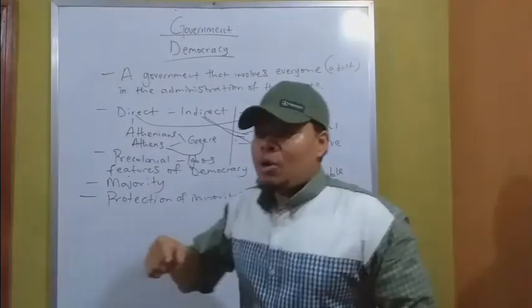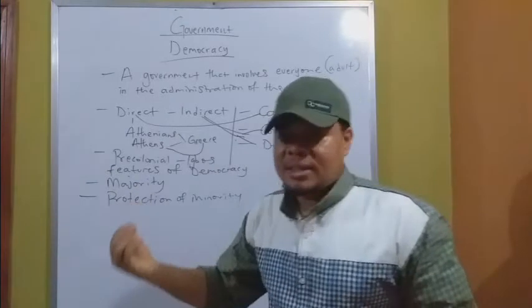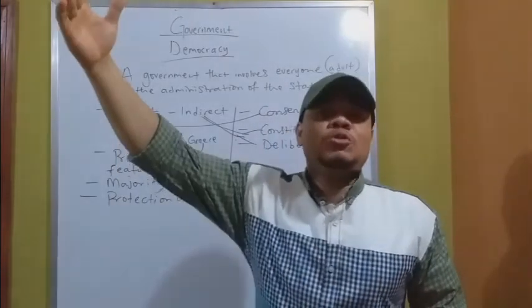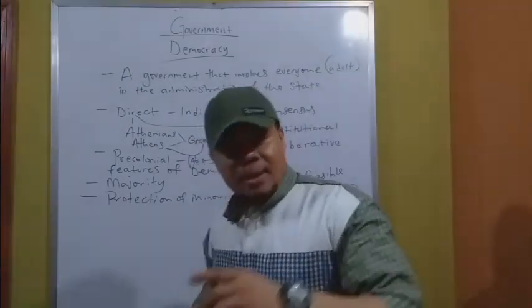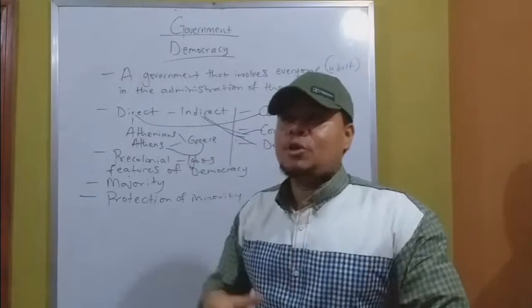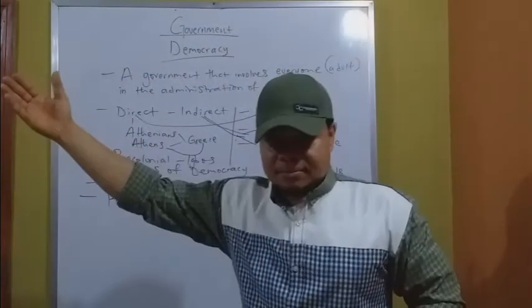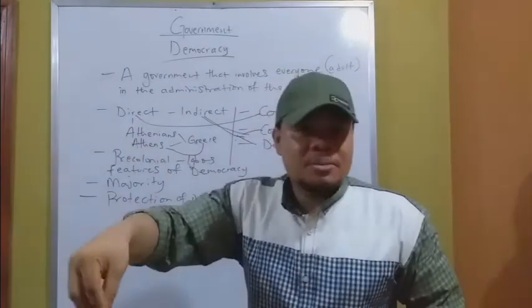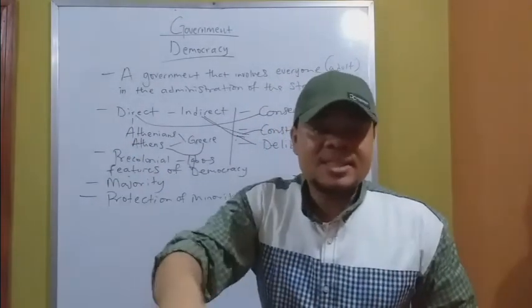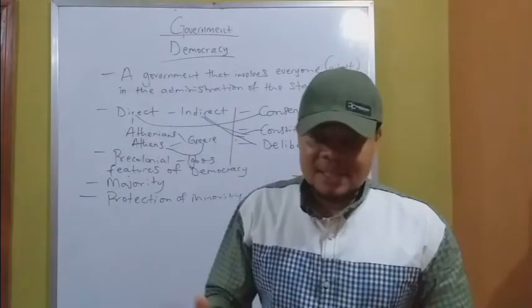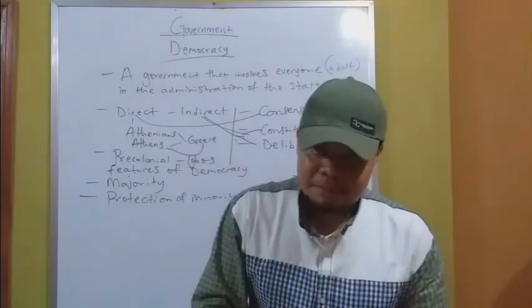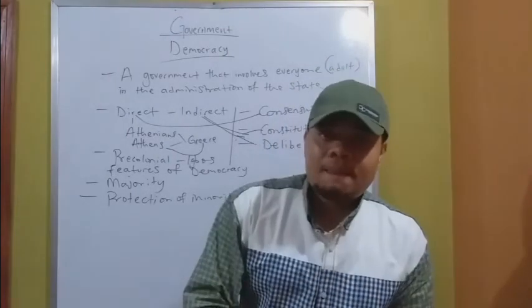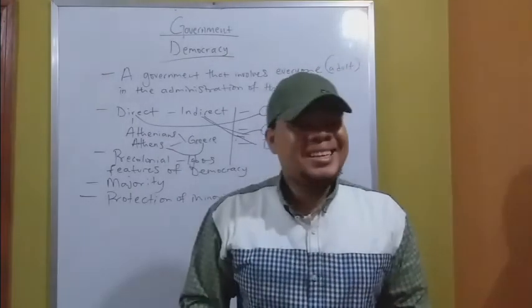Are you with me? Even though the minorities cannot assume leadership of the presidency and the likes, in some states we also have majority and minority. For instance, in Edo State, the majority can be Benin, Esan, and let's say Etsako.